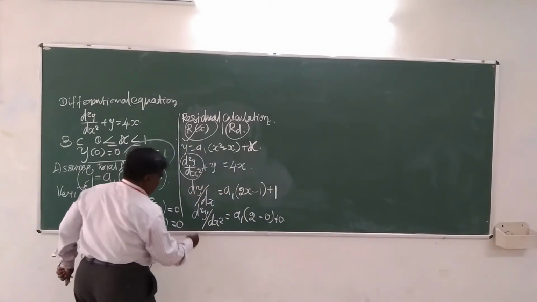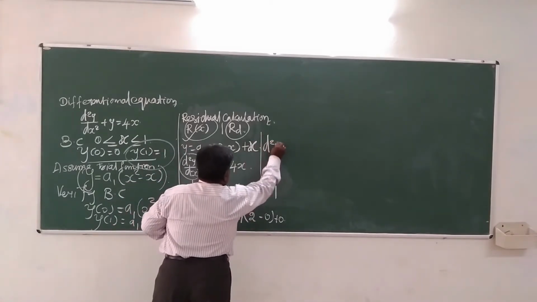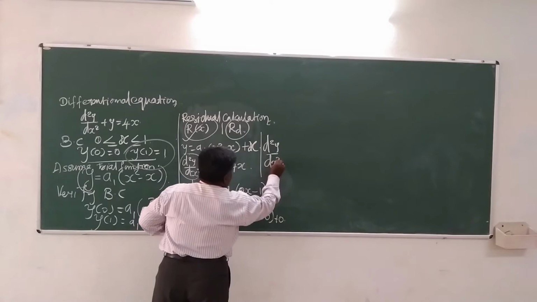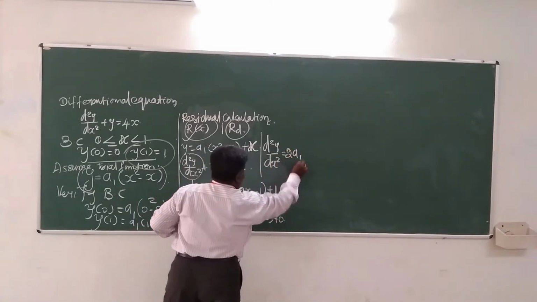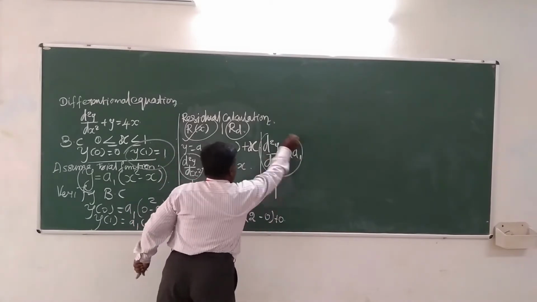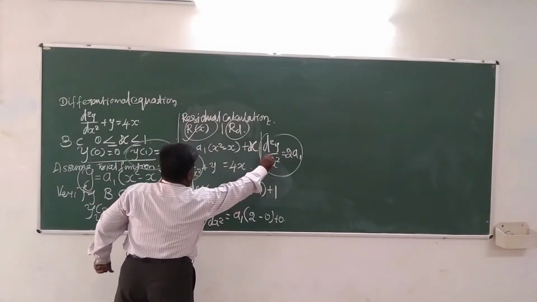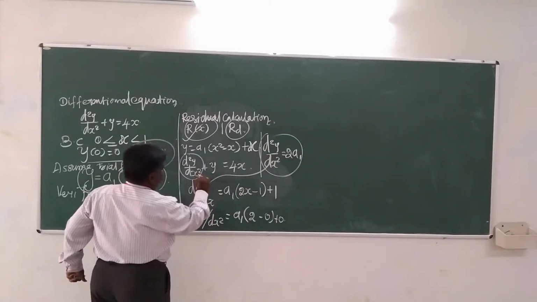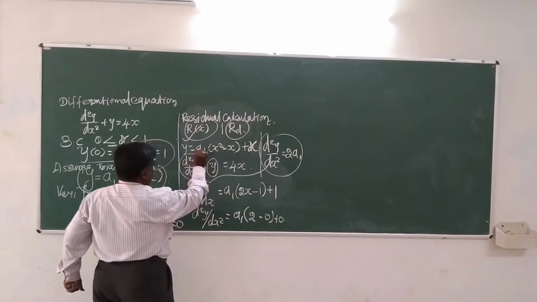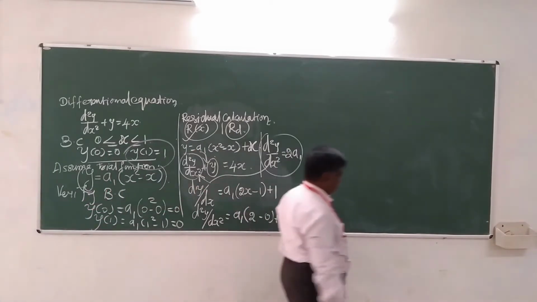So finally d square y divided by dx square equals 2a1. This is the value we have to substitute in the trial function equation, and then finally we can get the residual.